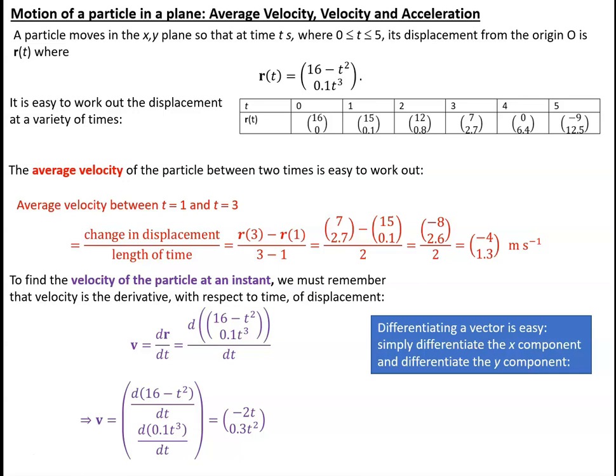In other words, the velocity is given by the vector whose x component is minus 2t and whose y component is 0.3 t squared. So for example, when t equals 4, the velocity is going to be given by the vector minus 8, 4.8 meters per second.